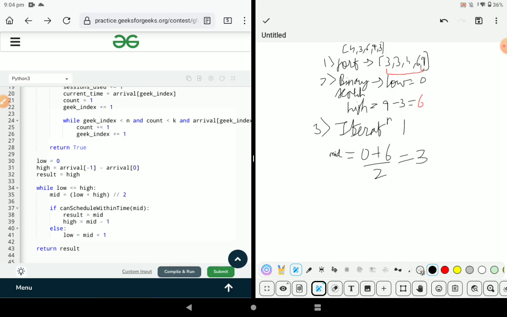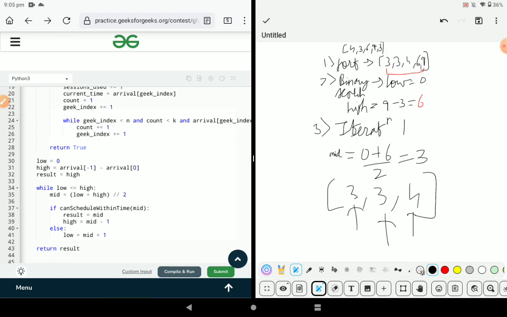Now we will check whether all geeks can be scheduled such that no geek waits longer than 3 time units. Using greedy scheduling we start the first session at 3, then the scheduled geeks will be 3, 3, 4. Geek 1 arrives at 3, waiting time equals 1. The second geek arrives again at 3, waiting time equals 1, and then 4, its waiting time is 0.